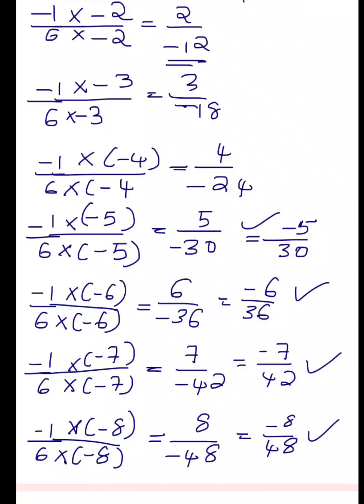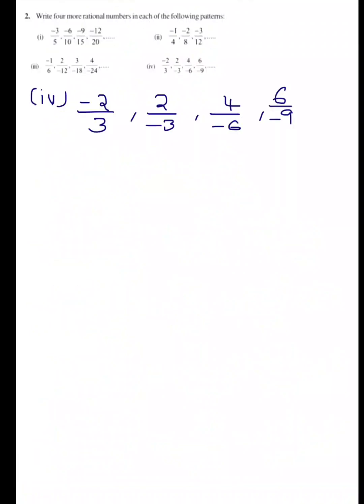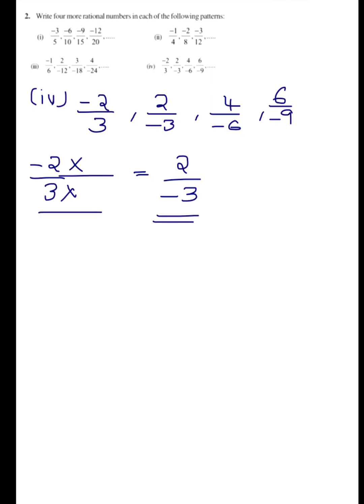Okay, now let's see the fourth one. So let's find the relation. That is, first one is minus 2 by 3. When you multiply it with something, you will get the answer as 2 by minus 3. So in order to get this minus 3, you have to multiply with minus 1. Okay, so here also minus 1, then the answer will be 2 by minus 3.